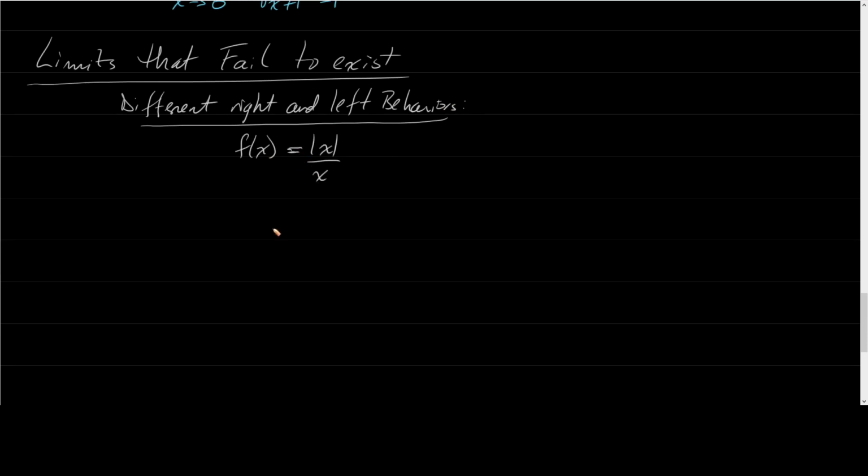x. All right. So in here, if I look at the graph, the graph of this is as follows. If I have values to the right of 0, I end up with just 1. If I have values to the left of 0, I end up with just the height of -1. But at 0, well, at 0, nothing's really happening, right? We cannot say that the limit exists because from the left, what's the function doing?